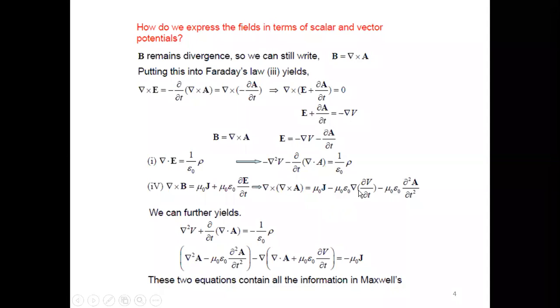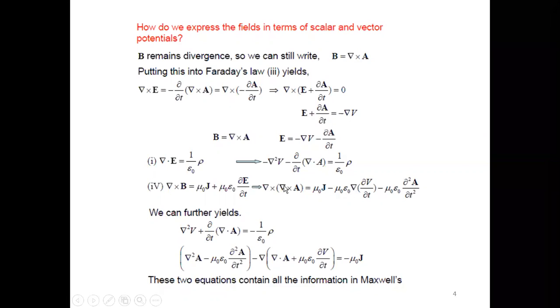So you will get these two terms, and we can further substitute the value of this, del square V plus dou A over dou t equals to minus 1 by epsilon 0 rho.